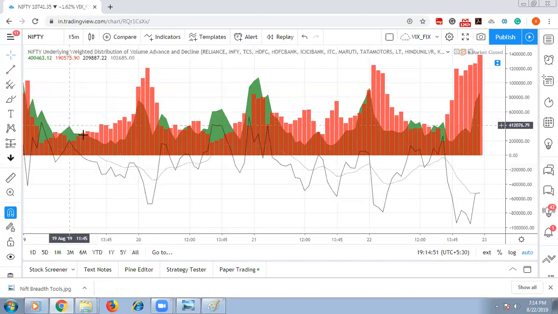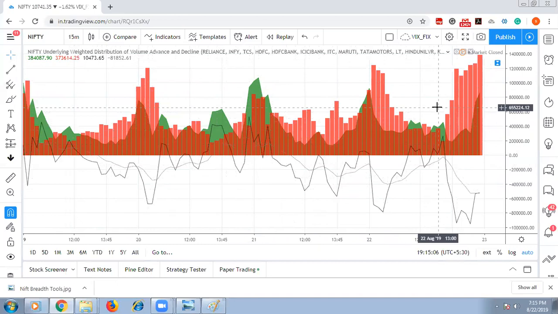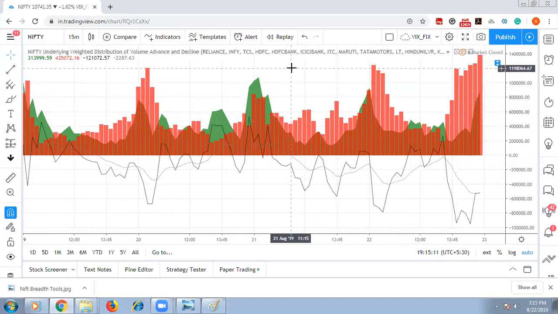Without this information, it's very difficult for us to understand the Nifty movement. Any index movement is decided by its underlying stocks, not by anyone. If there is a huge sell-off in HDFC Bank, then Nifty might go down drastically. A lot of things come into the picture.